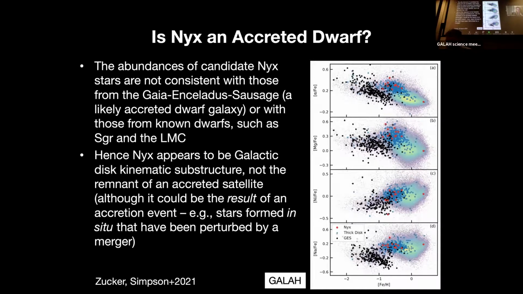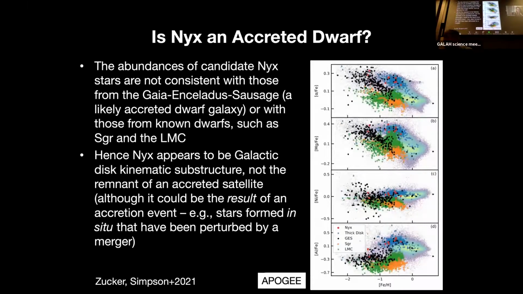And then again, you look at the APOGEE and it looks pretty thick disky. There's maybe a couple of stars that look a little bit like GS, but again, with kinematic selection, there's going to be false positives and all that sort of thing. So of the elemental ratios we looked at, there's no evidence that it's anything other than thick disk.